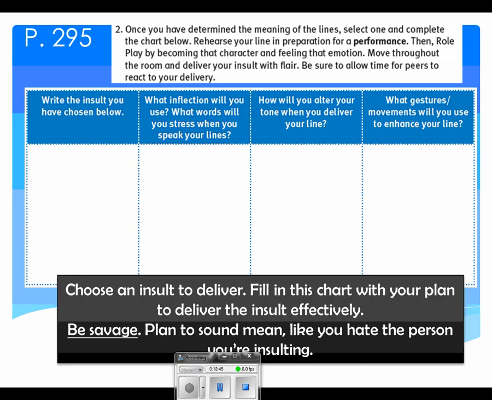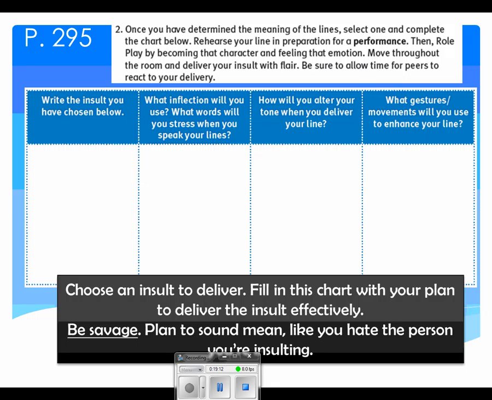Then you've got a few questions asking you, one, what inflection will you use? So some people, when they insult, their volume gets really, really loud because they want people to hear it. But other people, when they insult, they're very soft and they're very venomous about it, okay? The second question, how are you going to alter your tone? So for your tone, are you just outright angry?